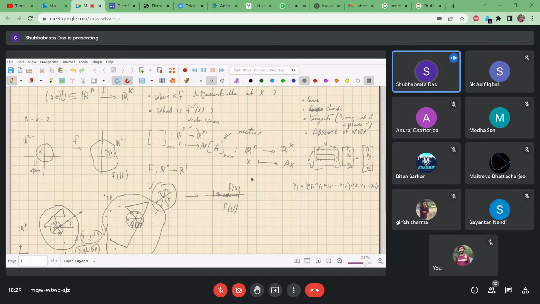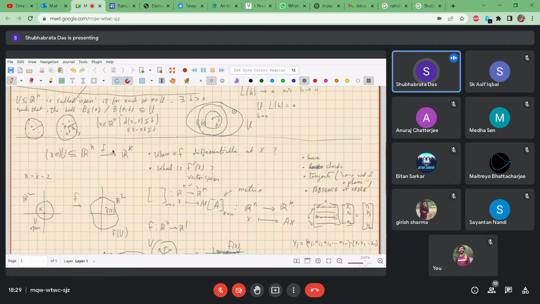In this case it is easier to figure out, but in this case it is not so easy to figure out what would be the matrix, what would be the vector space, both in the domain case and in the codomain case. These are not things easy to guess for this. That is why we started with the easiest possible thing.